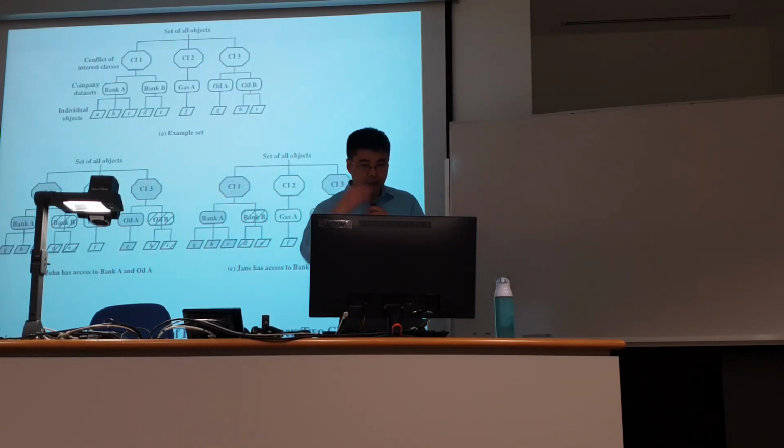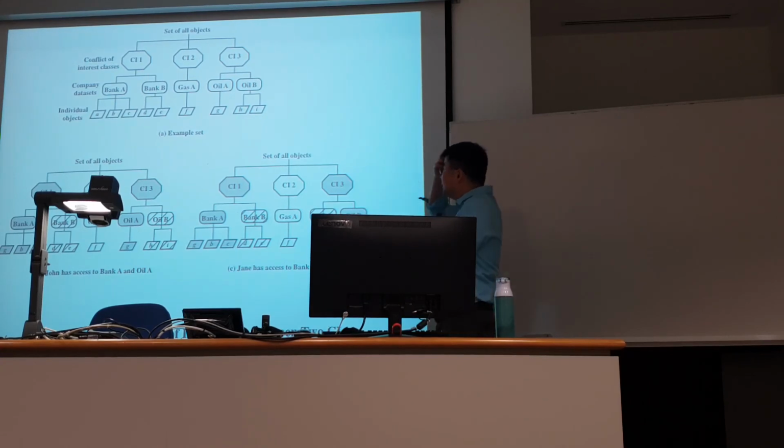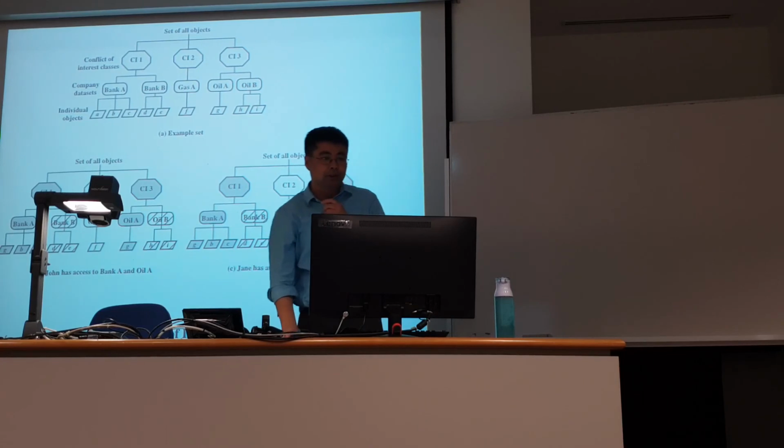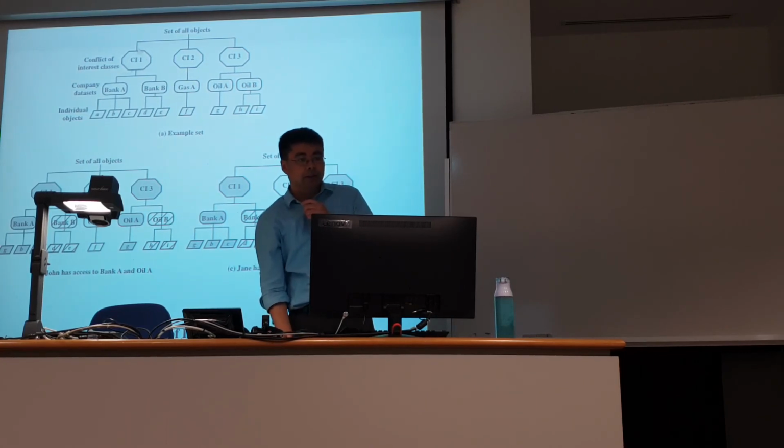Right, so this picture illustrates the idea. We have three conflict of interest classes here. The first conflict of interest class is for banks. The second one is for gas companies. The third one is for oil companies. So originally the consultant can access any data set here.